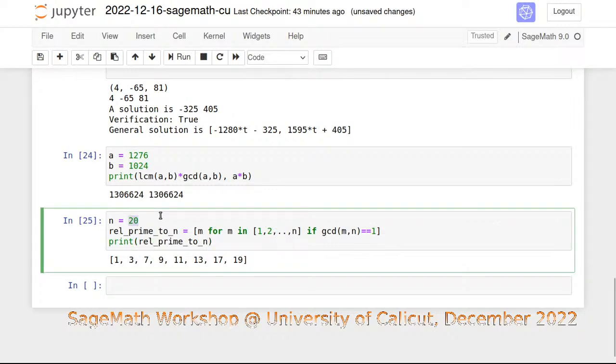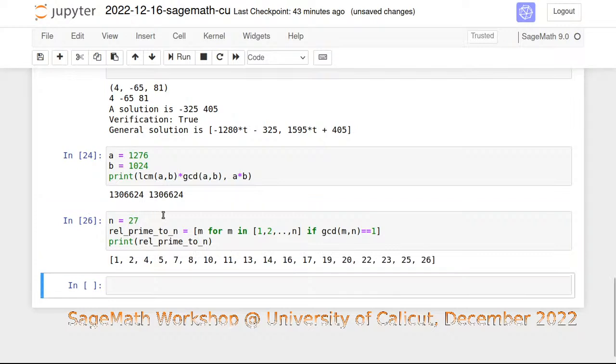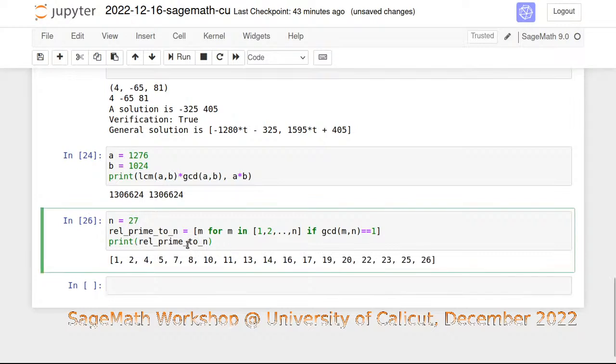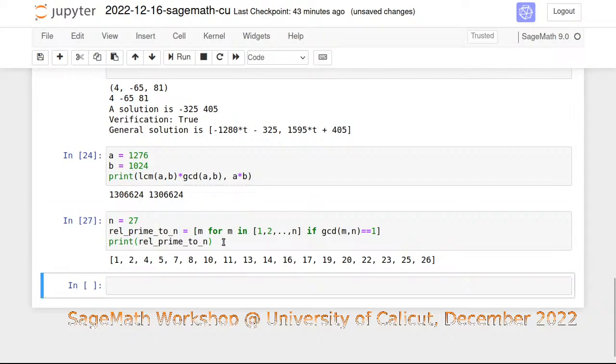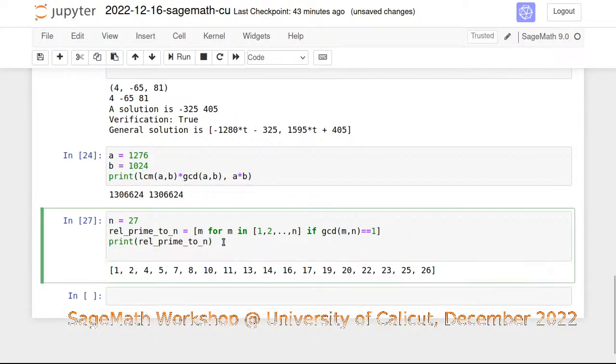Now if you try with 27, what will you get? I think that's correct. Now what is phi? Phi of n we can define to be, so what are we supposed to do here?